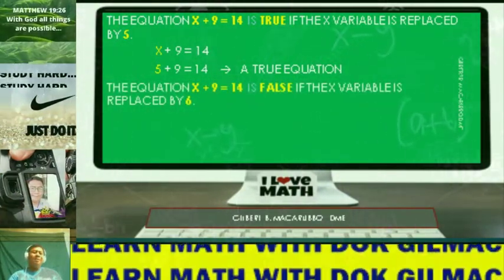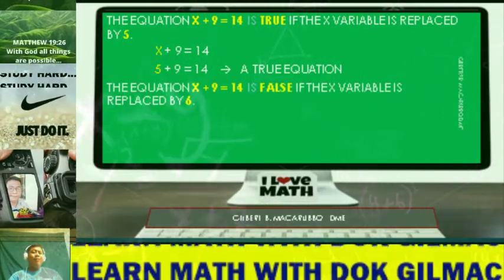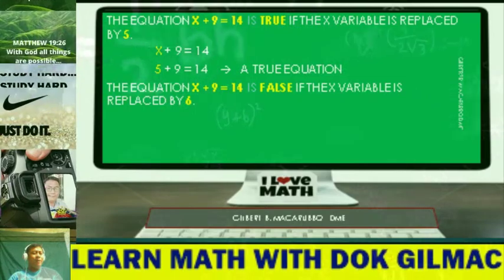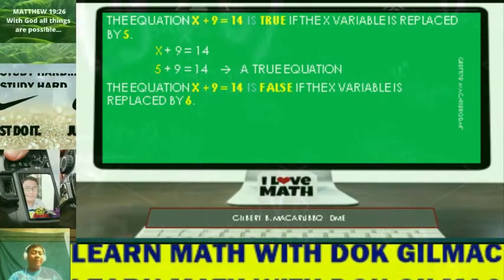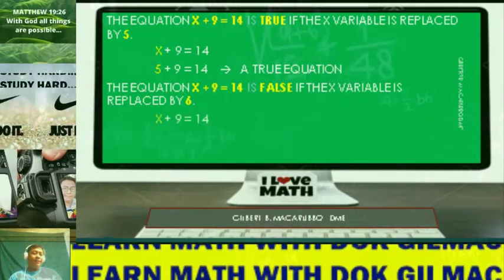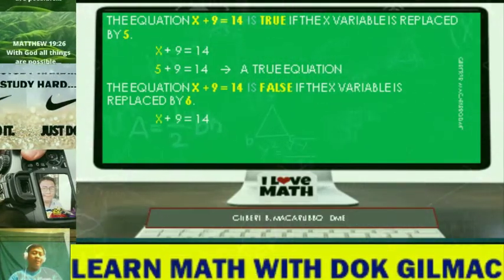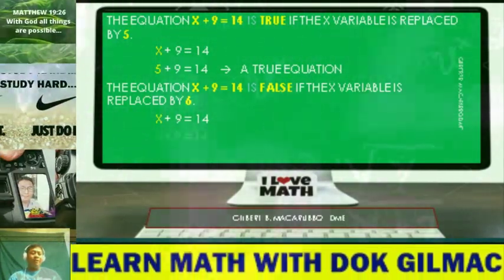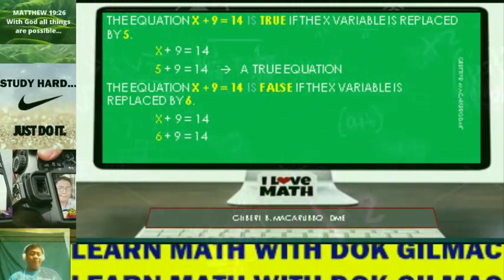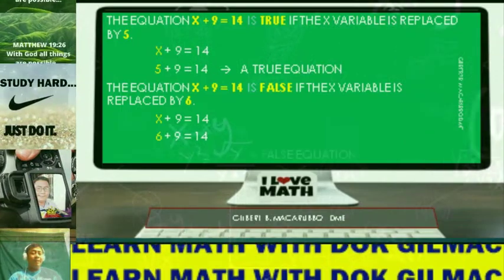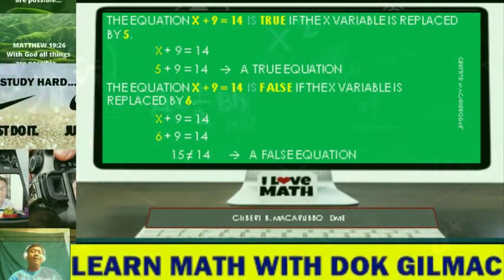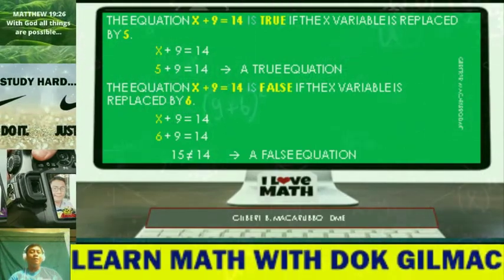The equation x plus 9 equals 14 is false if the x variable is replaced by 6. That is, if we substitute 6 to x, we have 6 plus 9 is equal to 15, and it is not equal to 14. So this is an example of a false equation.